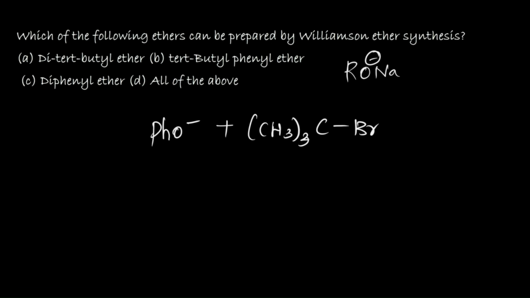In case of di-tertiary butyl ether, it is not possible, as the groups become more and more bulky, and diphenyl ether is also not possible because it will have a structure like this that will not undergo SN1 or SN2. So the answer to this question is option B.